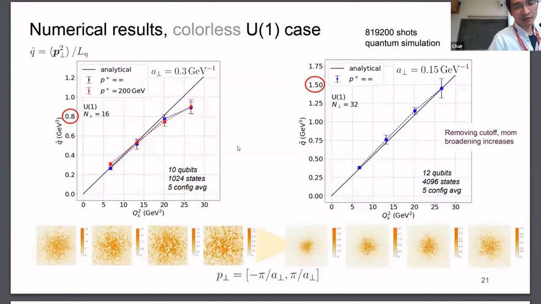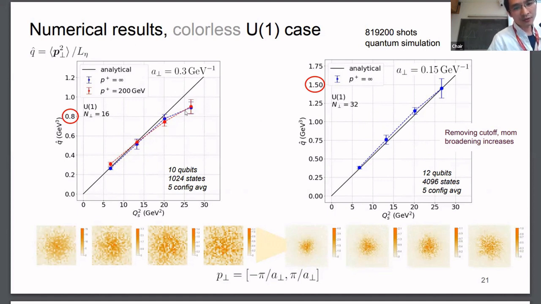And in terms of computing the observables, here we show the calculation of the quenching parameter. In this slide, I show you the colorless case. On the left is the result of the quenching parameter as a function of saturation scale for the small grid. On the right is the result for the larger grid. As you can see, in both the eikonal and sub-eikonal limit, we're able to match the analytical result, which is known.